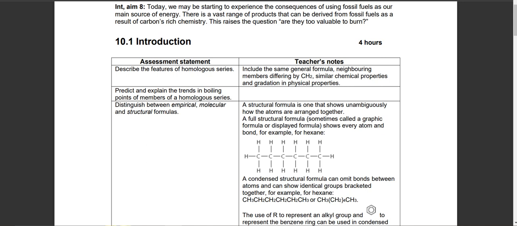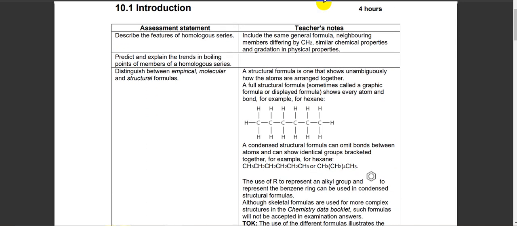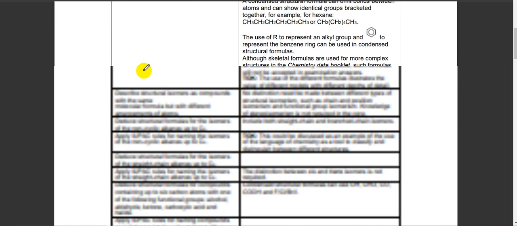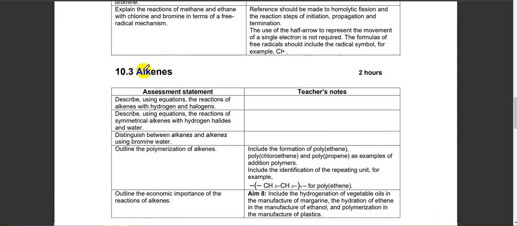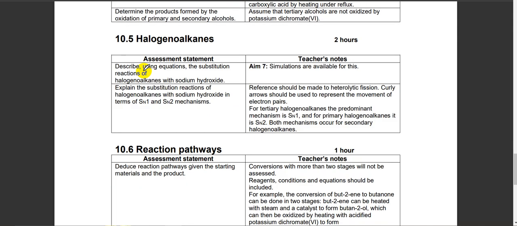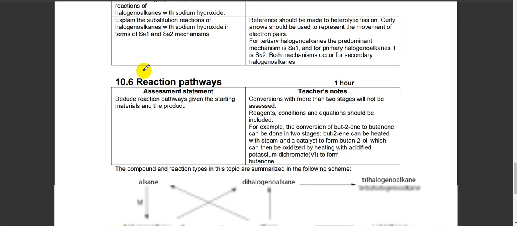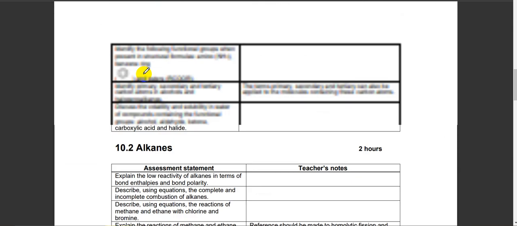These are basically the indicators or the objectives that you have to understand. Like there is 10.1 introduction, 10.2 alkenes, halogenoalkenes, and reaction pathways. So there are 6 parts.